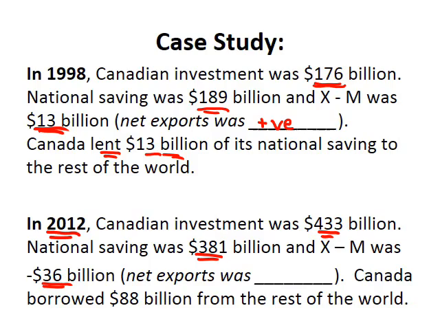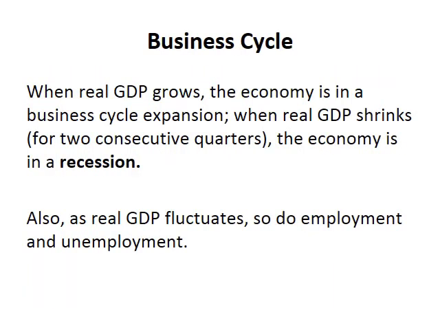So net exports was negative. So Canada had to borrow $88 billion from the rest of the world. Now, why was it $88 billion? Number one, we had to borrow the $36 billion because we were importing more than exporting. But then we needed to borrow again because Canadian investment exceeded what we had from national savings. So we had to borrow that difference as well.